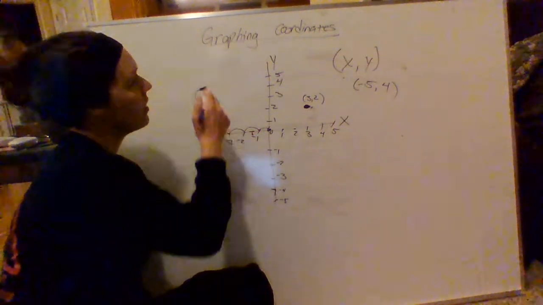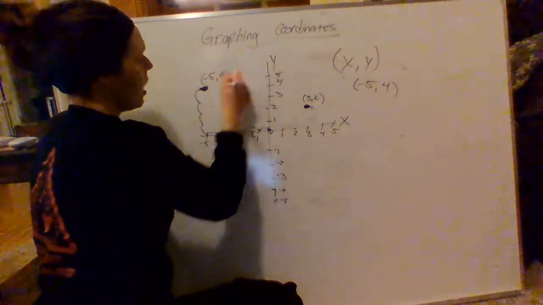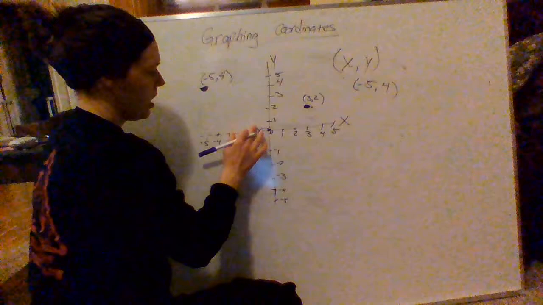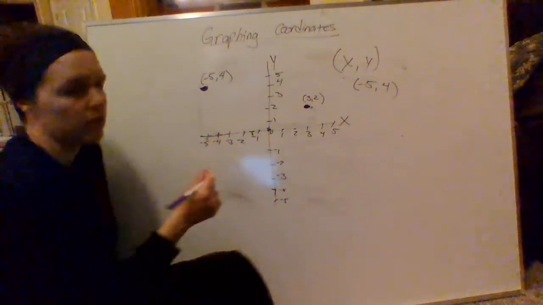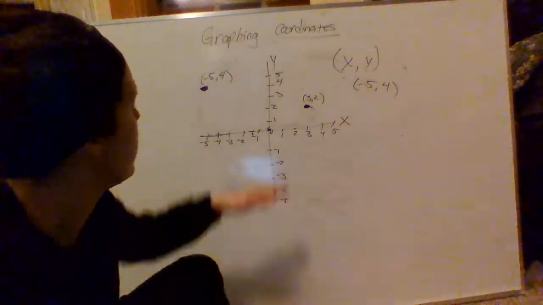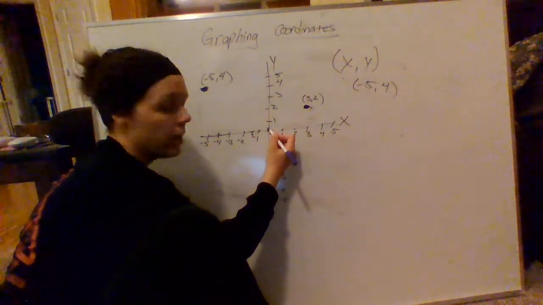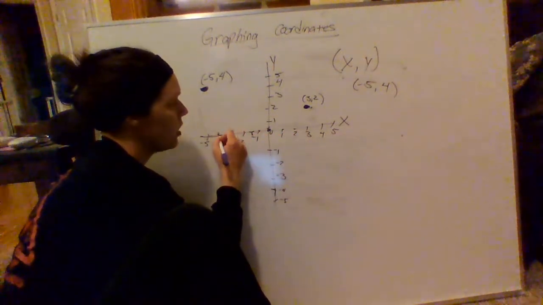Notice what I'm not doing: I am not counting the spaces I am currently on. When I went -5, 4, I start here, but I don't go 1, 2, 3, 4, 5 starting from my own spot, and then 1, 2, 3, 4.